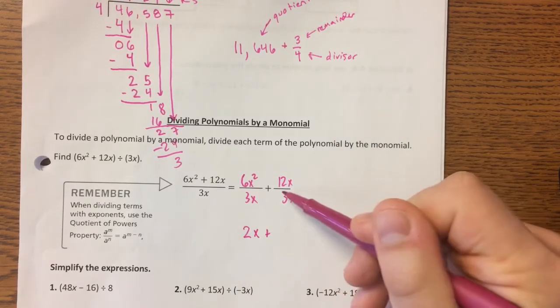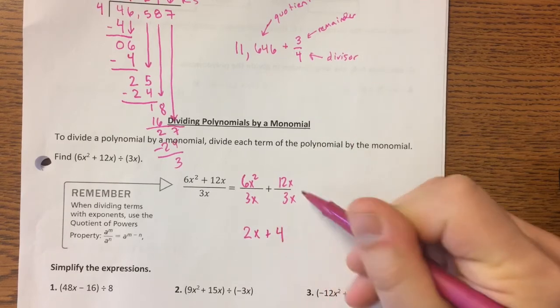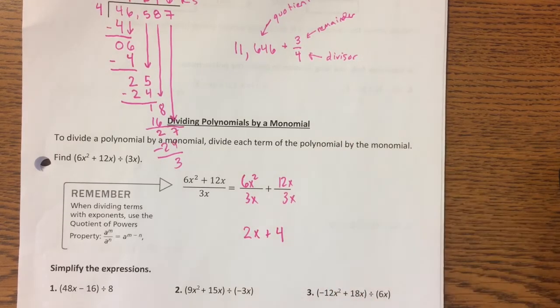plus 12 divided by 3 is 4. And then if this is x to the first over x to the first, what's the rule for when you divide powers? Subtract. So what's 1 minus 1? 0. So x to the 0 would just be 1.